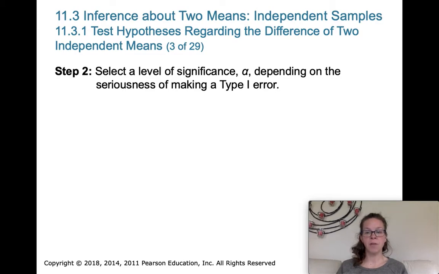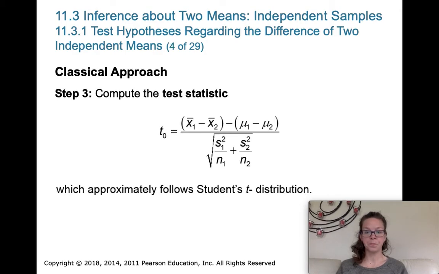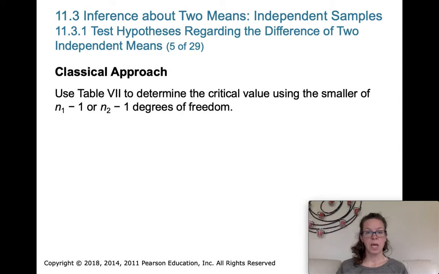Choose our alpha level, how confident we want to be that we are not making that type 1 error. Calculate the test statistic, which we'll be doing with StatCrunch. And then we can find our critical value.